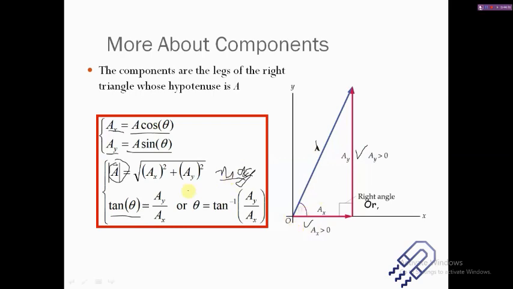So it will be ay divided by ax. This is tan theta, and if I use the inverse table, I can find theta. So theta is equal to tan inverse of ay divided by ax, right? This is important for numericals because there will be a question where they will ask you to find the magnitude and the angle at which the vector A is inclined.